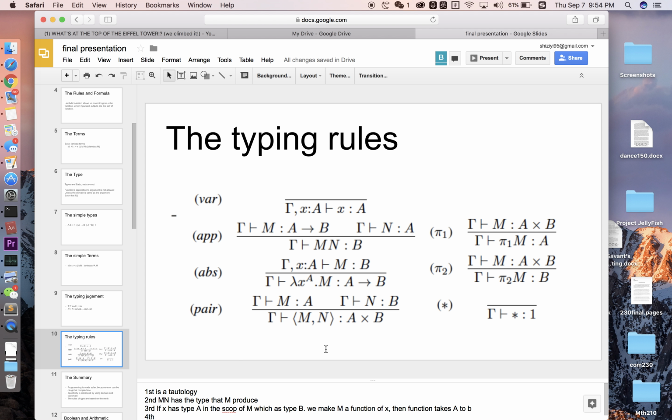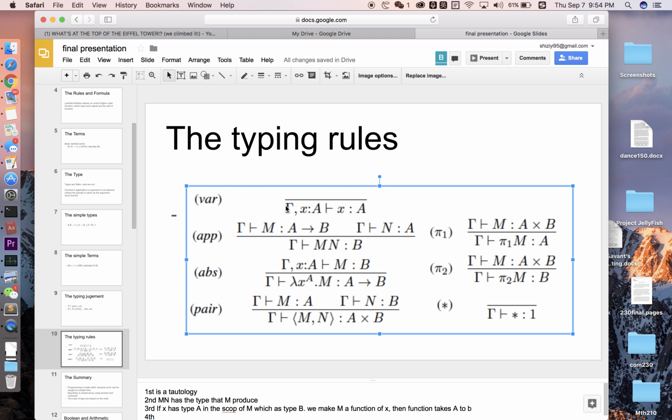Okay, I want to spend my time talking about the typing rules because they're important to understand. The first is tautology. This one. So x of type A is going to have type A, like the tautology from 270 that we learned. The second one: MN has a type that is what M produces.